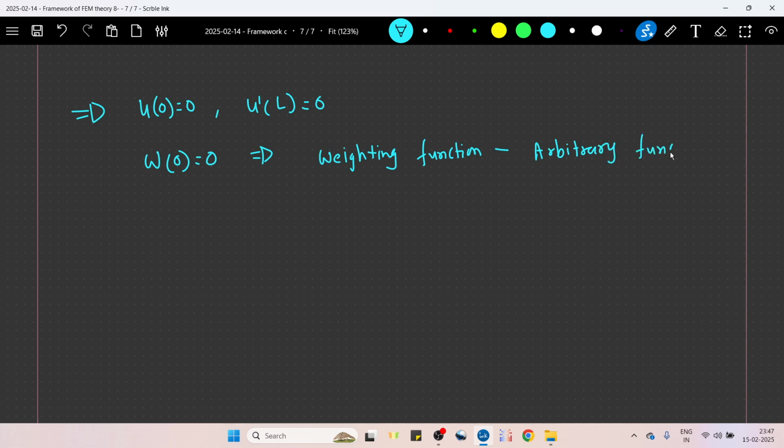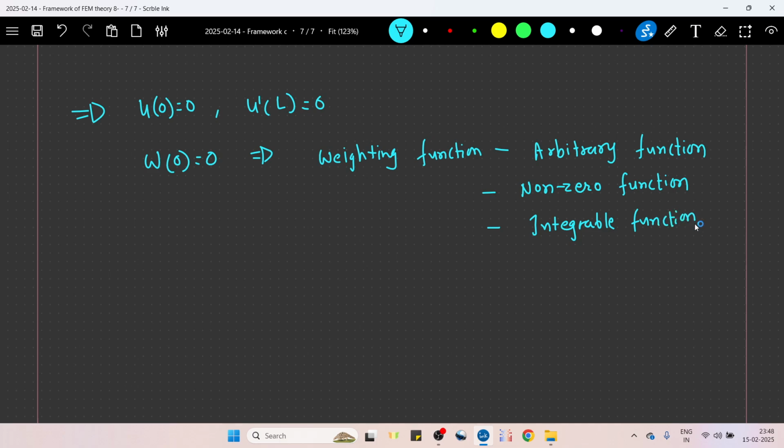Why arbitrary? Because we are going to minimize the residual in a weighted sense. So it is an arbitrary function, it cannot be zero, so it is a non-zero function. That is very obvious, right? It is a non-zero function, and since it is a function of x, it should be an integrable function.